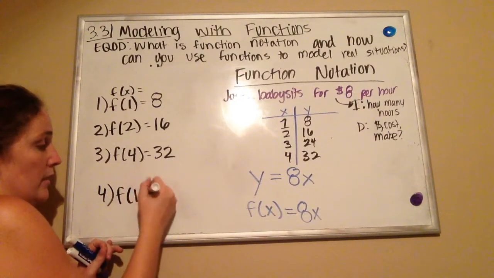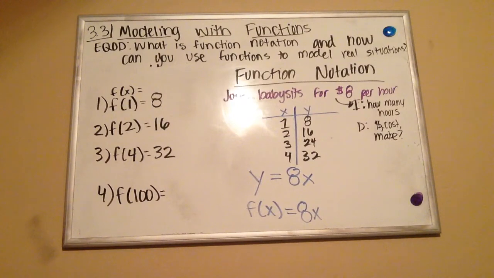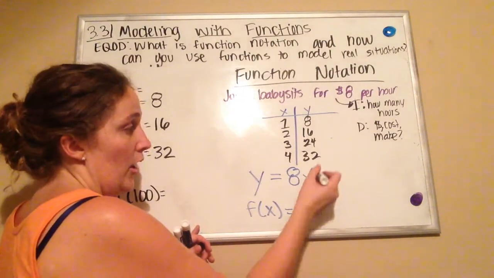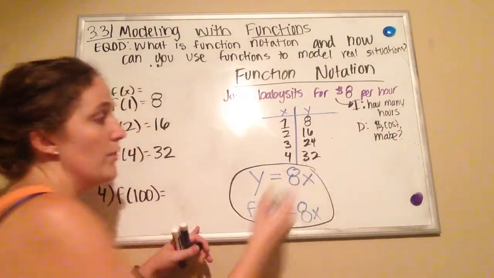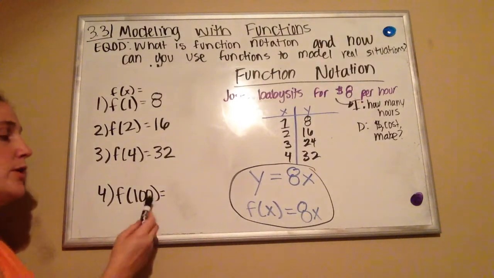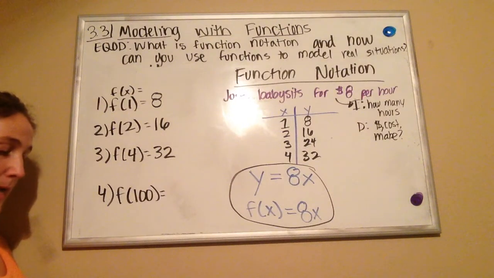I'm going to try one that's a little bit harder. What is the y value when x is 100? So if we take 100 and we plug it into our function, what do we get for y? What do we get as the output? So if he works 100 hours at $8 per hour, you're going to get paid $800.